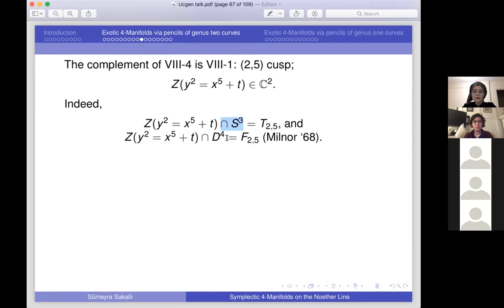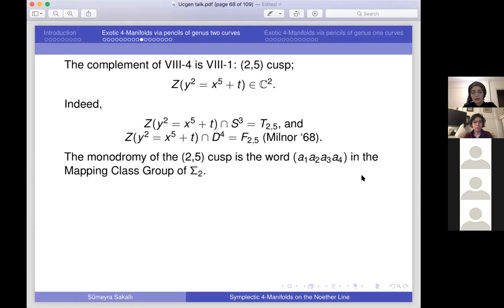And moreover, if you consider this S3 as the boundary of D4, and again look at this intersection, then it is the Seifert surface of this 2-5 torus knot. And it is the result of Miller. But if you want to understand this cusp more topologically, then we look at its monodromy.